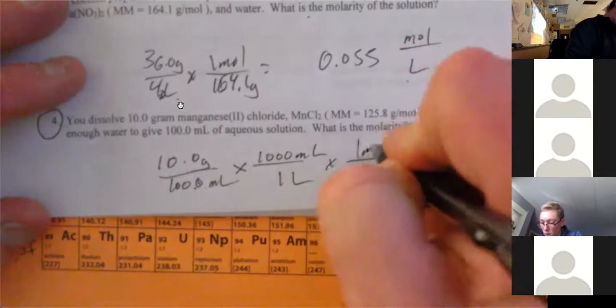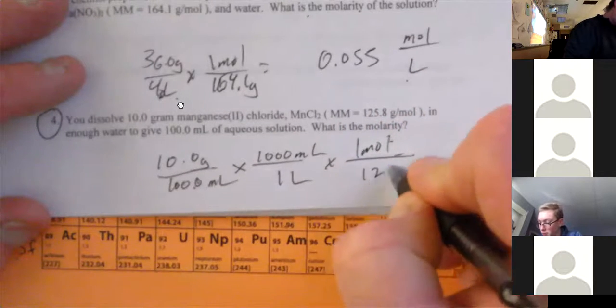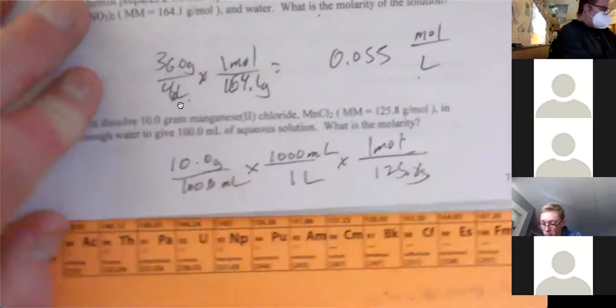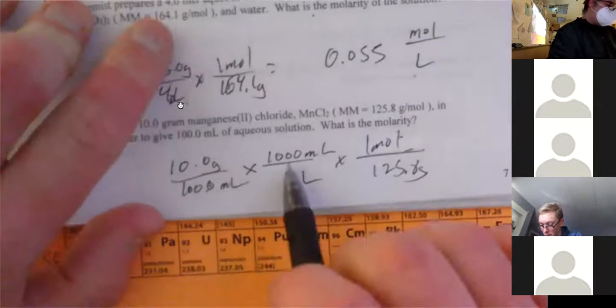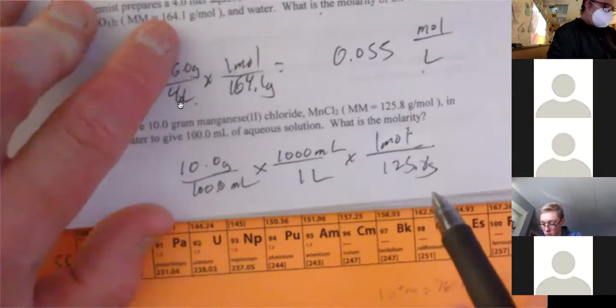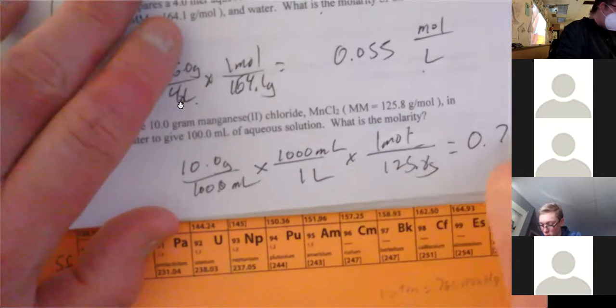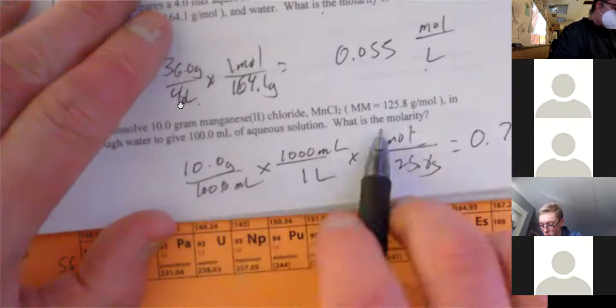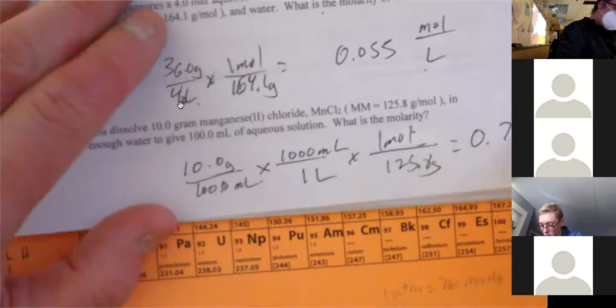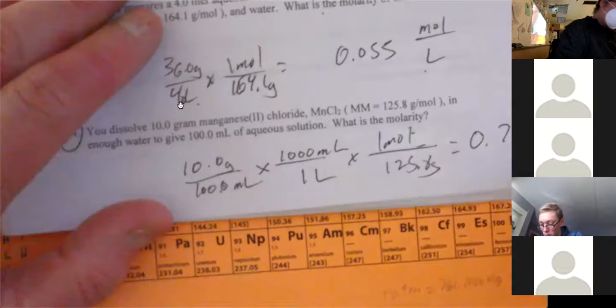Every 1 mole is 125.8 grams. 10 divided by 100 times 1,000 divided by 125.8. That would be about 0.7949. 3 significant digits, 0.795 moles per liter.